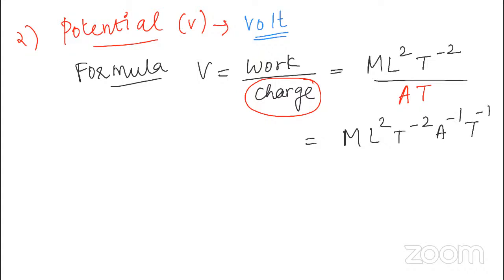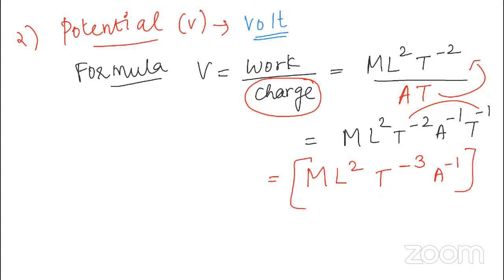We just bring the value into the numerator, so we convert and write M L square, minus 2, minus 1 added, T power minus 3 into A power minus 1. So that is the dimensional formula for potential. Very good.